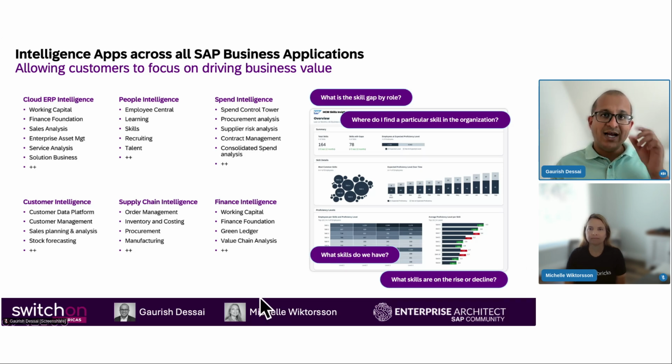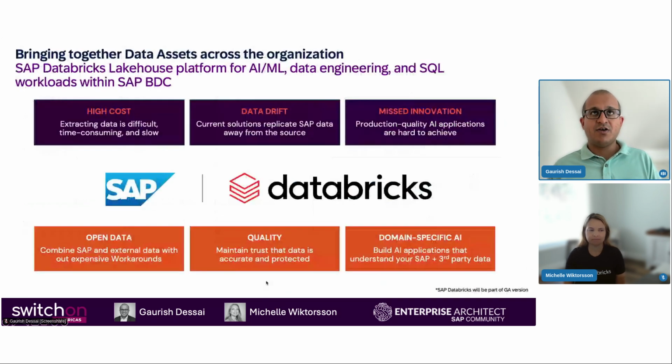Okay. And why this is quite critical, because now with the partnership with Databricks, it allows us to bring all the data assets across organizations together, not only the transactional data set, but also the unstructured data set, which is available across all organizations. And our customers tend to use third-party solutions to bring it all together.